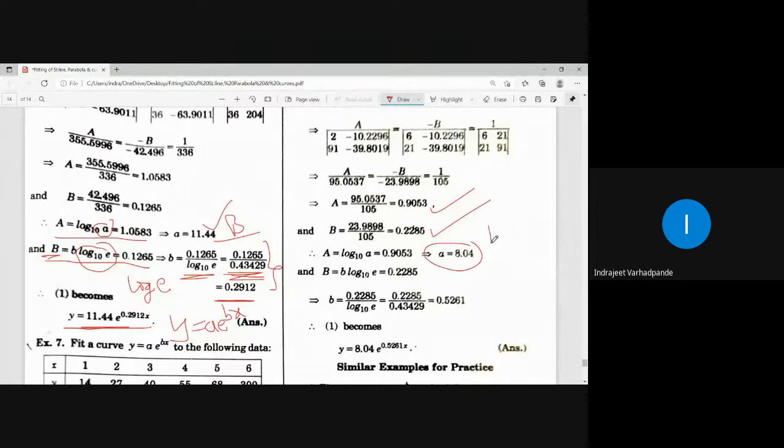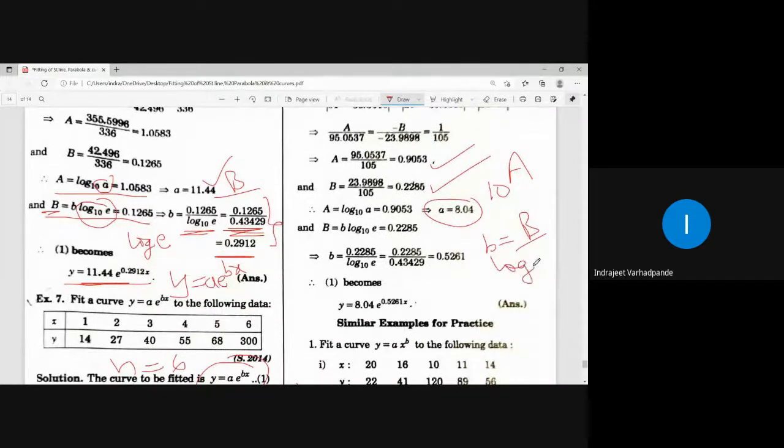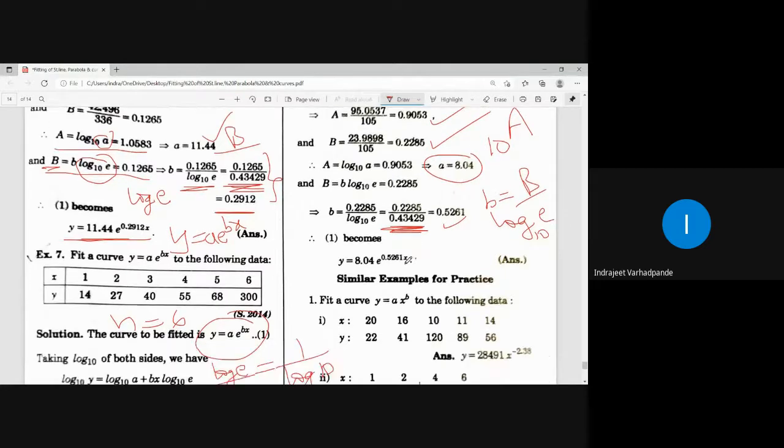Small a is obtained by 10 to the power A. Small b is capital B upon log e to the base 10, which is 0.43429. So capital B upon this gives you small b. For b, 10 to the power is not applicable, right? It is in this sense. And I get the answers for small a and small b.